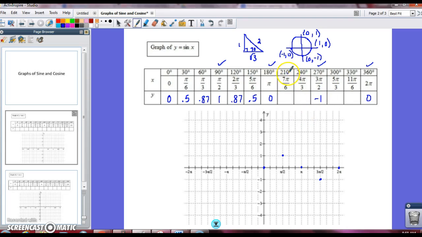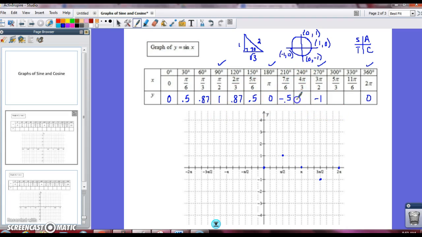Let's go on to 210 degrees. That puts us in the third quadrant. Sine is negative in the third quadrant. 210 degrees would give me a reference angle of 30. Remember, you're always going your distance from the x-axis. So that's going to be negative 0.5. Hopefully you're seeing a pattern here.